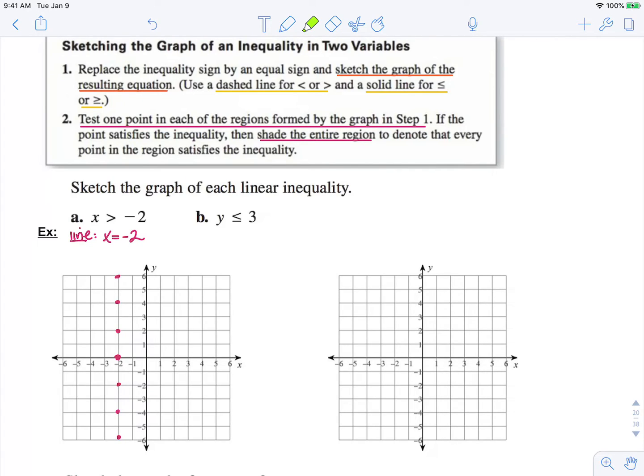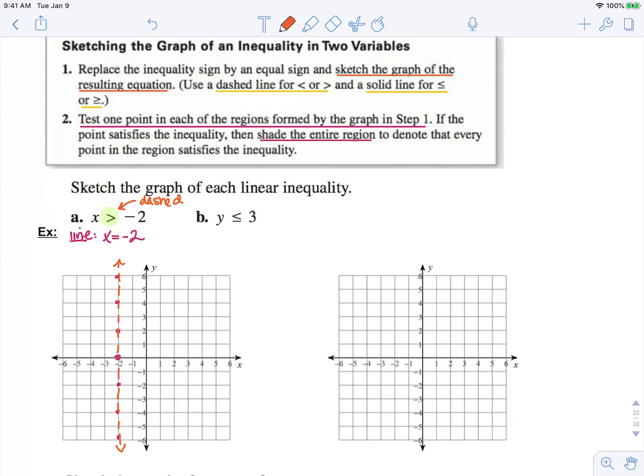So now, in order to connect those dots, I look at this inequality sign. Since it's just greater than, I do a dashed line. So that means I'm going to do a dashed vertical line through these points.